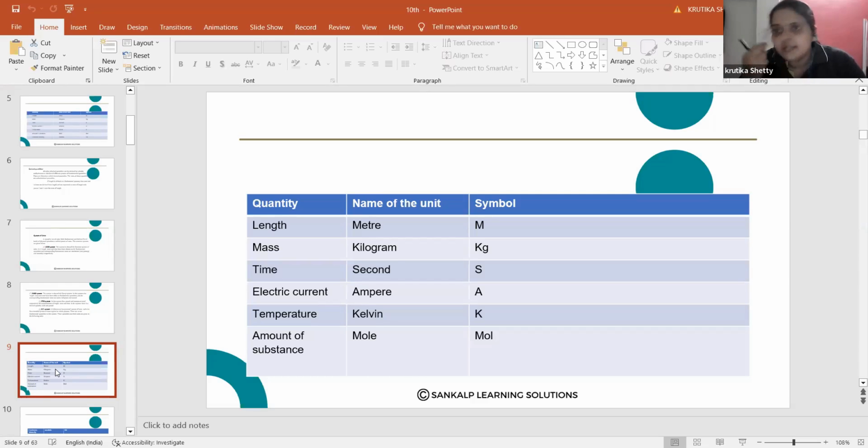The length is measured in meter, mass is in kg, time is in seconds, then the electric current is in ampere, the temperature in Kelvin, amount of substance in mole. Then one more is there, the luminous intensity, which is expressed in terms of candela. So these are the units of the fundamental quantities in the SI system.